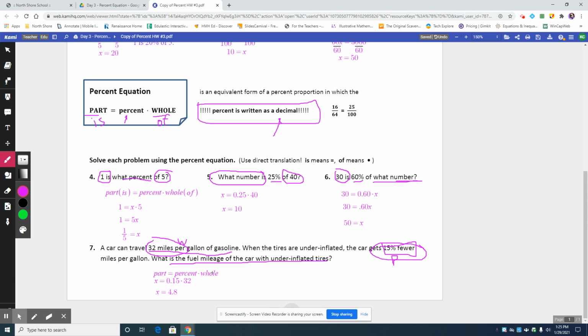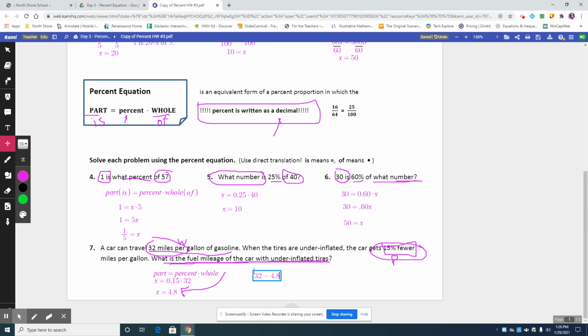What is the 4.8? Well, the 4.8 is how many fewer miles per gallon it gets. But that's not what the question is actually asking. The question is asking, what is the fuel mileage of the car with the underinflated tires? So for this, you're going to take your regular fuel mileage of 32 and you're going to subtract the fewer miles per gallon of 4.8.